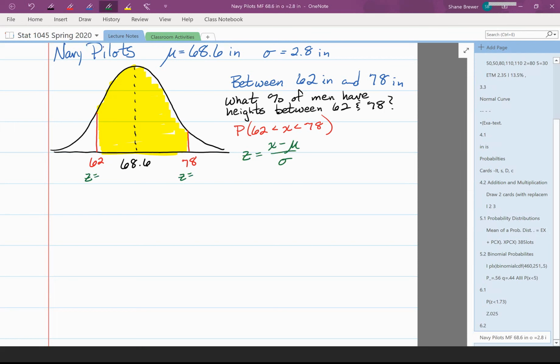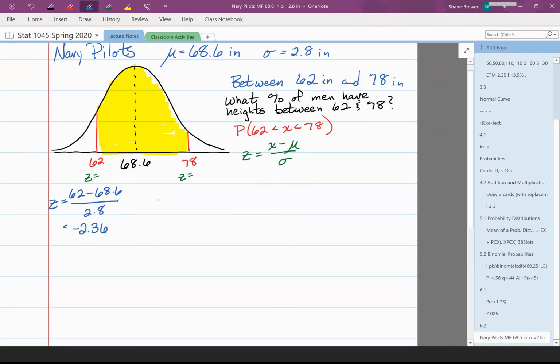So it'll look like this: z equals 62 minus 68.6 over sigma. So there's our first one. Let's find that: 62 minus 68.6 divided by 2.8. So I'm given negative 2.36.